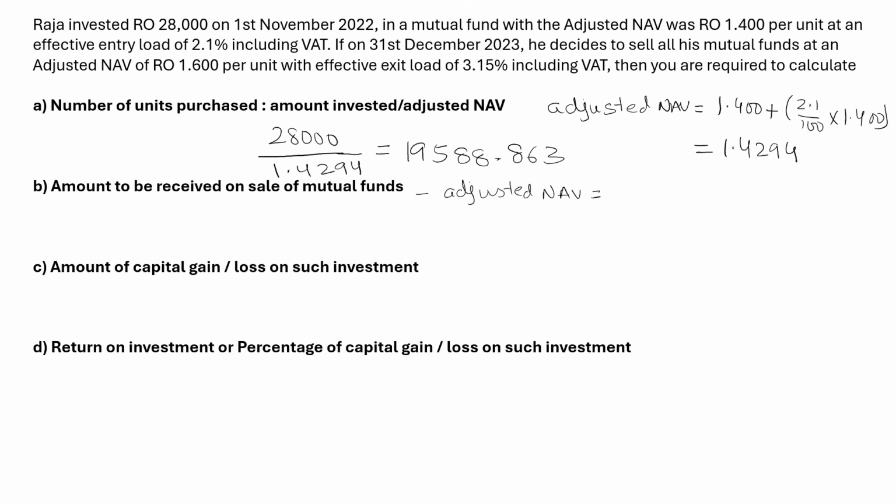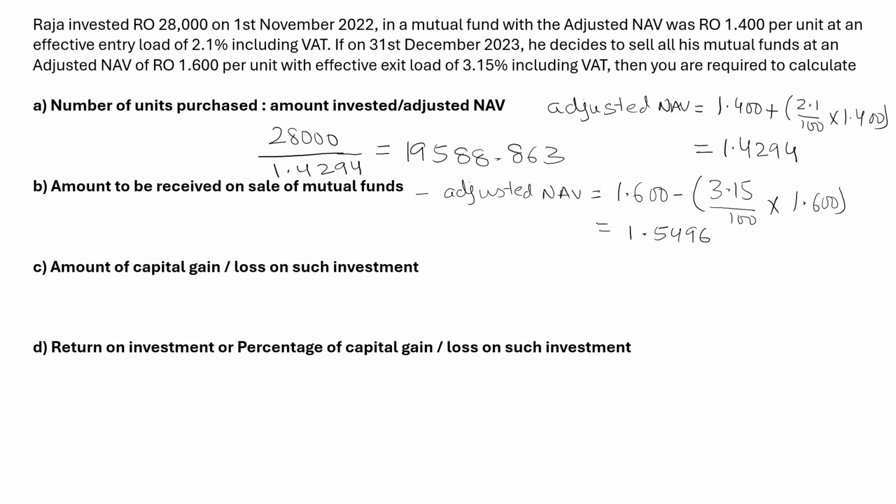He is selling it for 1.6 minus 3.15 divided by 100 multiplied by 1.6. So when you calculate, the adjusted NAV will come to 1.5496.